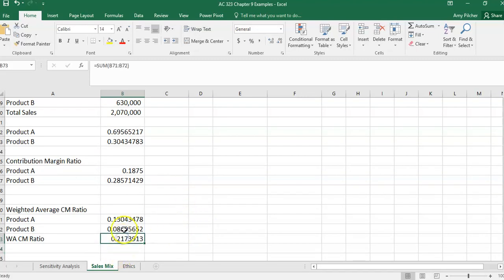So we have a contribution margin ratio of 21.73913%.